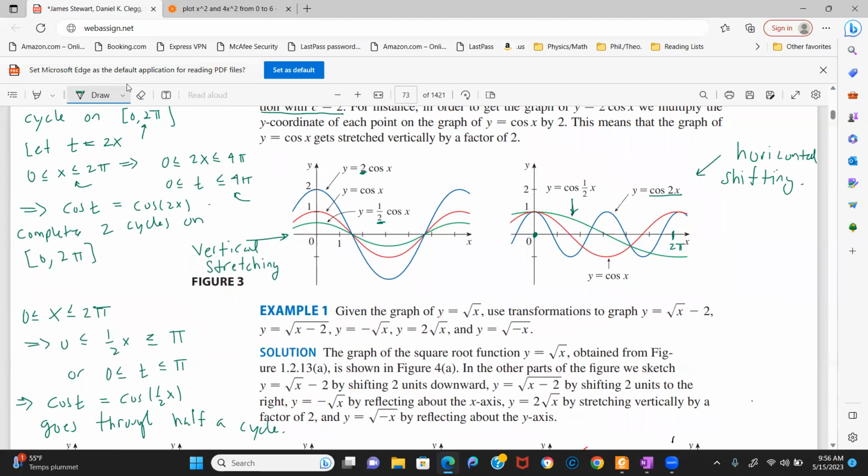But when you multiply by the 2 or the 1/2 first, and then evaluate the function, so you do 2x, 1/2 x, and then evaluate the function at those points, it has the effect of changing the period of the function, changing the speed at which it repeats a cycle. In other words, it does a horizontal stretch or contraction.